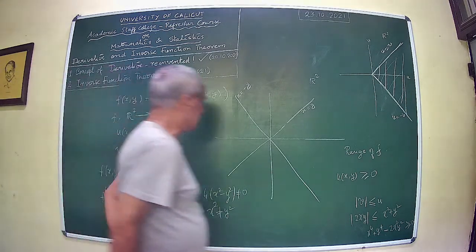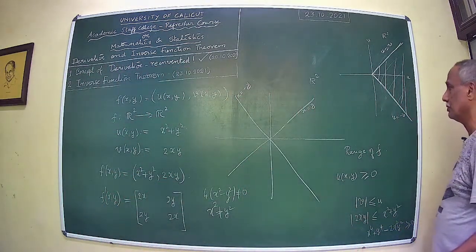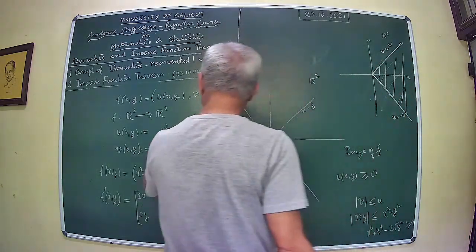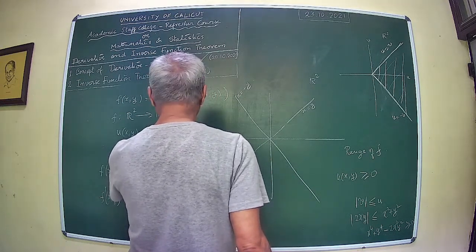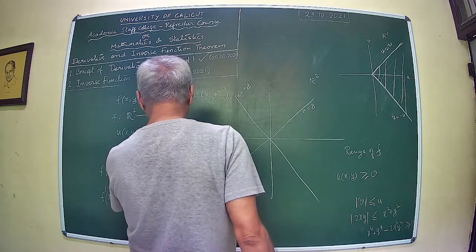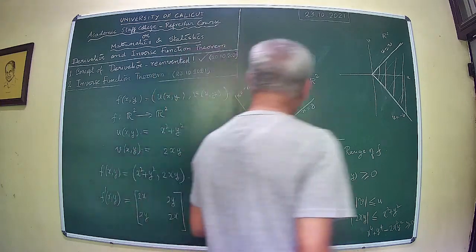And you see that these two lines, where do they go? This is when you put x equal to y, what happens? You get 2x square here, or x equal to minus y, you get 2x square here. So what about here? If x equal to y, you get 2x square here. So they are equal. So u equal to v.